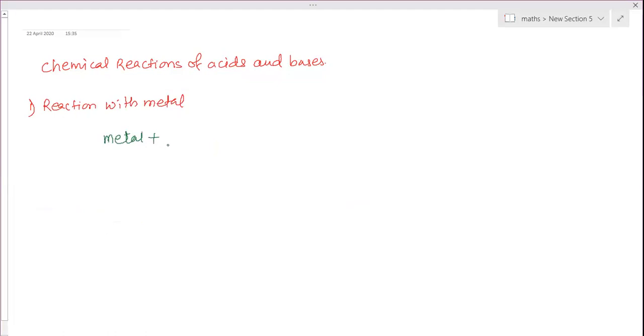All the reactions in this chapter we are learning only for dilute acids, not for concentrated acids. Metal when it reacts with dilute acid forms metal salt, and the characteristic hydrogen gas is released.